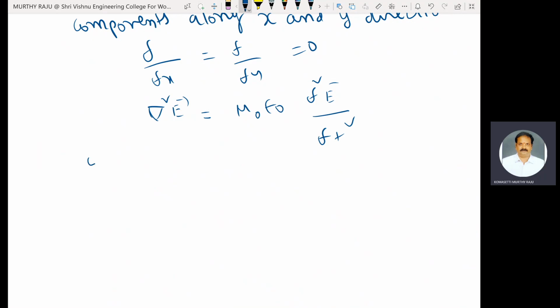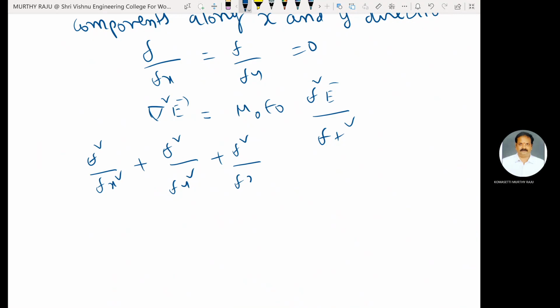But del square is equal to dou square by dou x square plus dou square by dou y square plus dou square by dou z square.